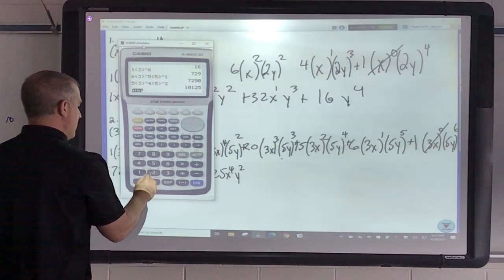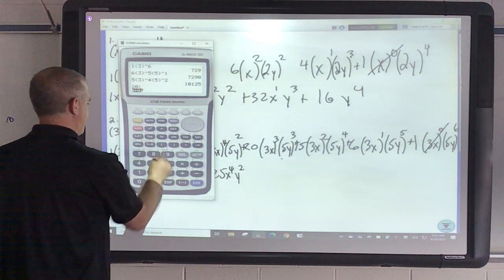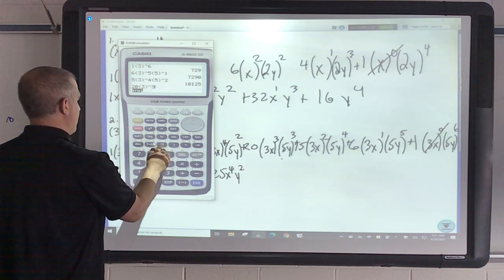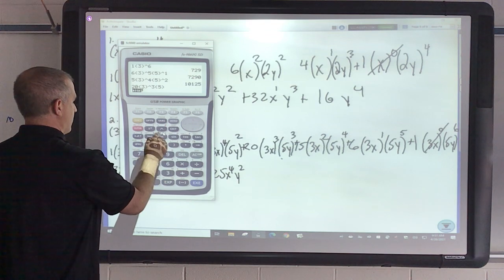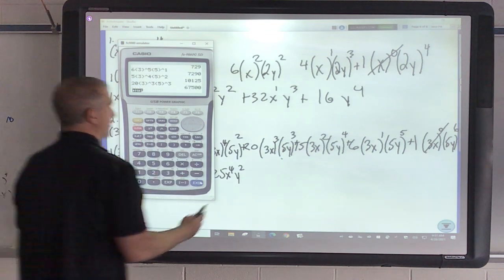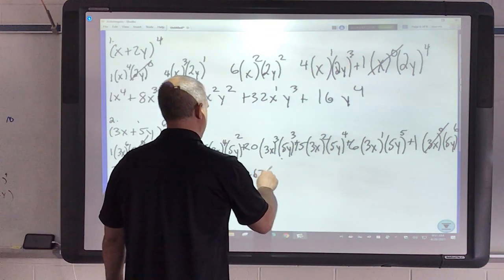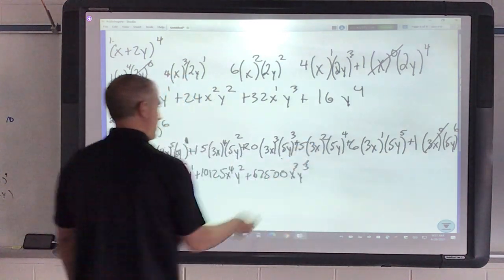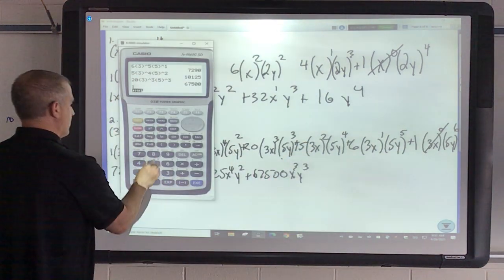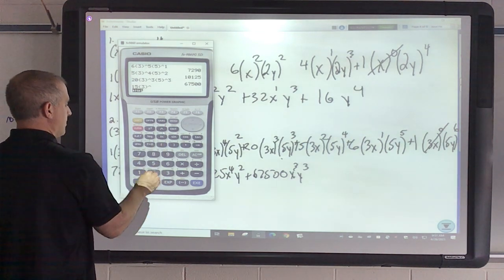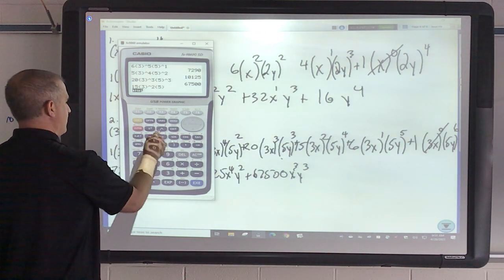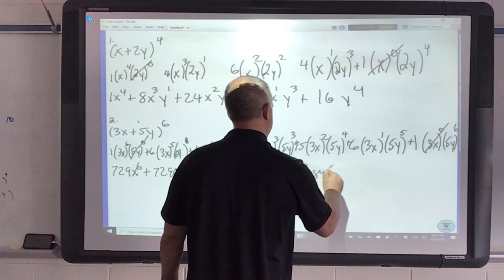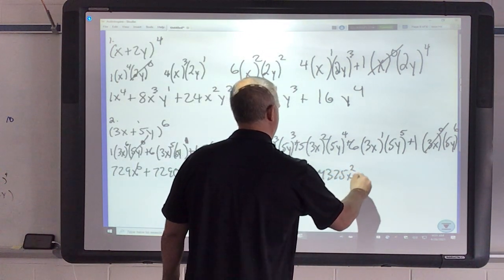Go to the next one. I got 20, parentheses 3 cubed, and then 5 cubed. 67,500 x cubed y cubed. Then I go to the next one. 15, 3 to the second, 5 to the fourth. 84,375 x squared y to the 4th.